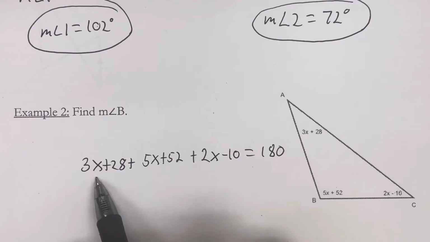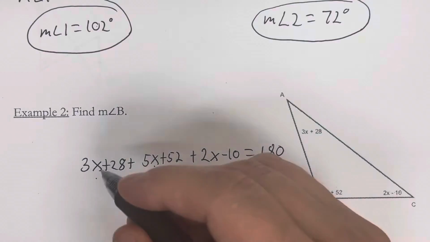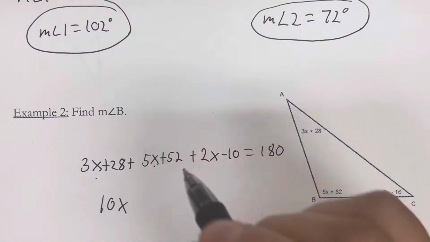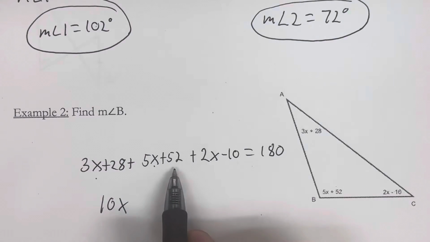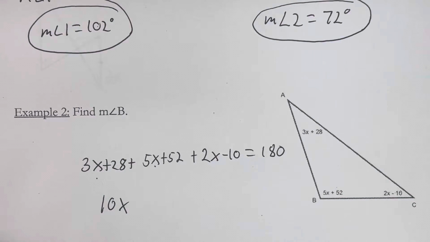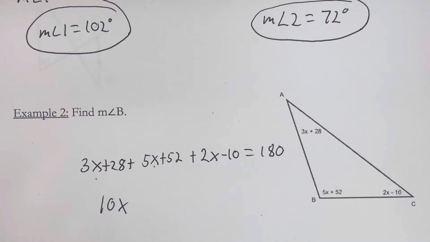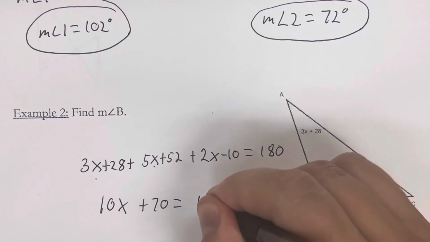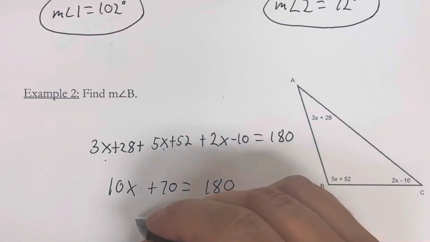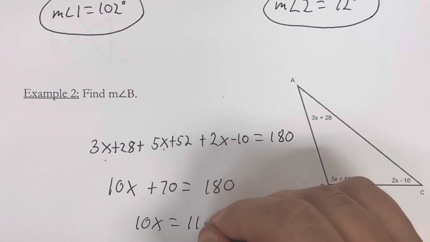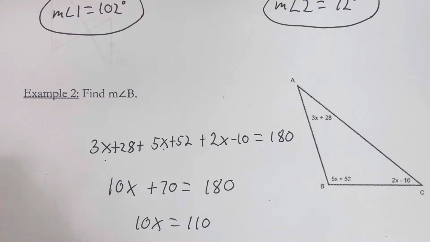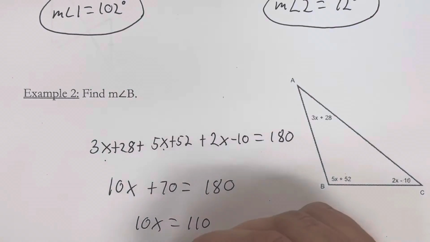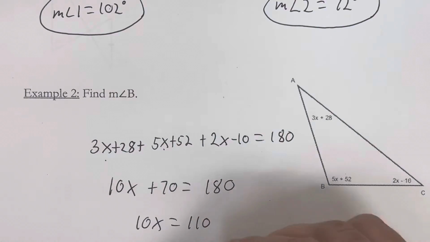Combine like terms. 3x, 5x, 2x is 10x. 28 plus 52 minus 10 is 70. And then we can subtract our 70. 10x equals 110. And 110 divided by 10 is 11. So we found x.